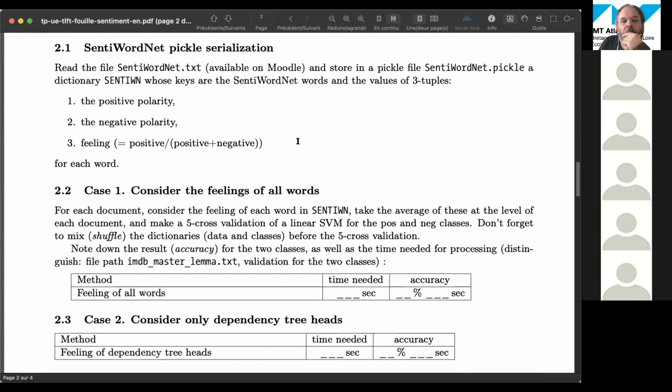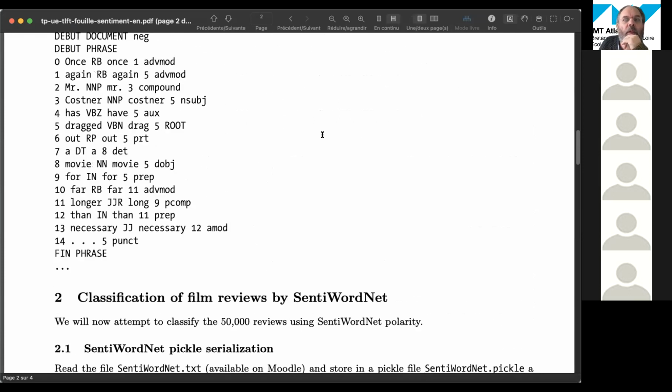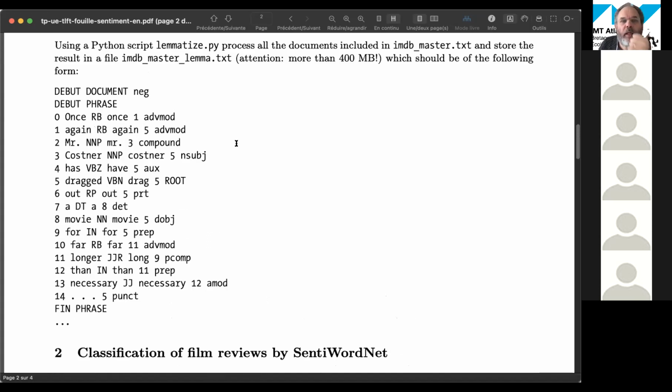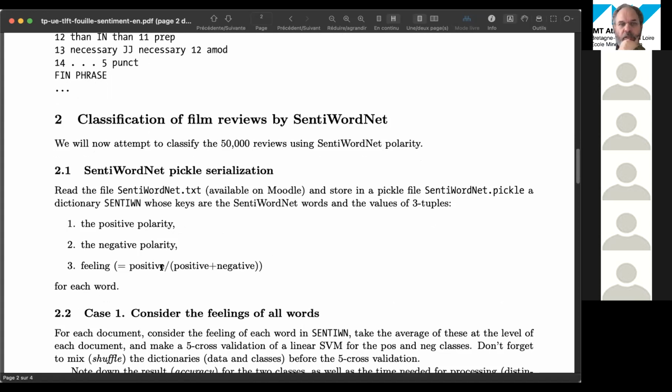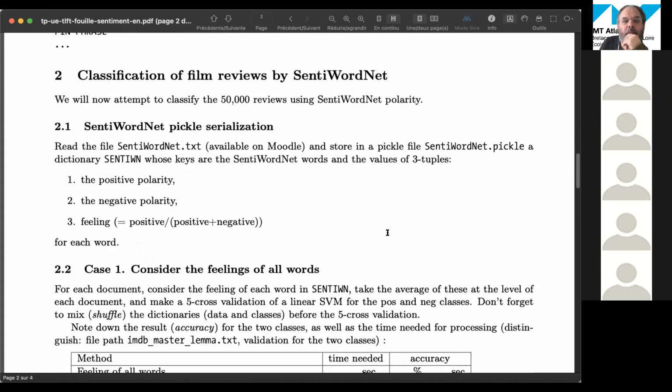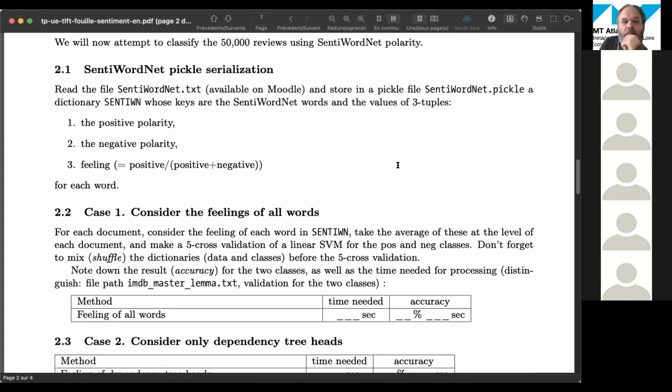So I'm asking you to write the Python code that will read the data and the SentiWordNet data and use SentiWordNet to classify the data into positive and negative classes.